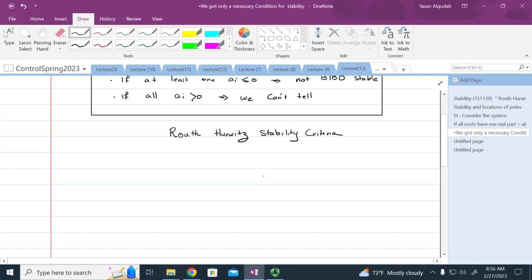Okay. So what is this tool? This is an analytical procedure that will help us determine if any of the roots of the system has a negative real part.